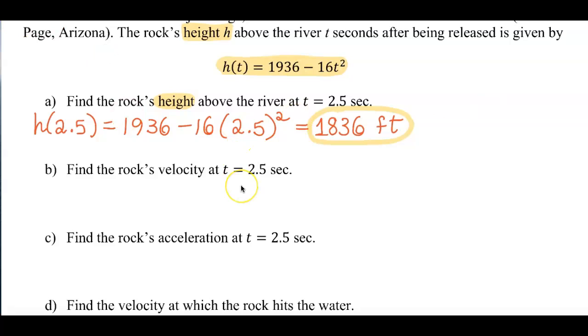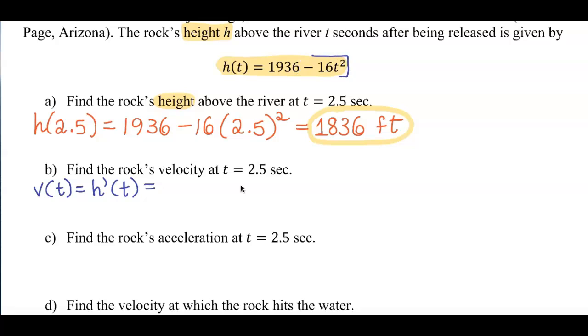This is asking us to find the rock's velocity. Now remember, velocity is the first derivative of the distance function or the height function. So what we will need to do is find the derivative of h of t. The derivative of a constant is 0, so that goes to 0.